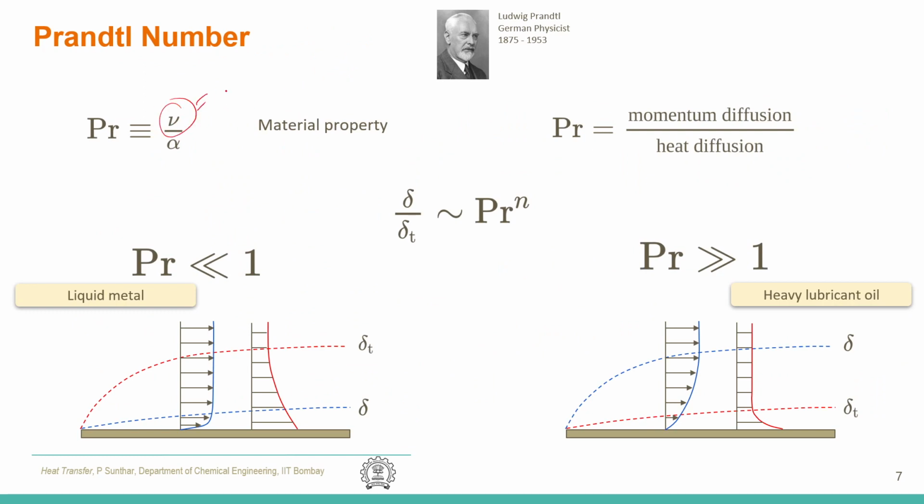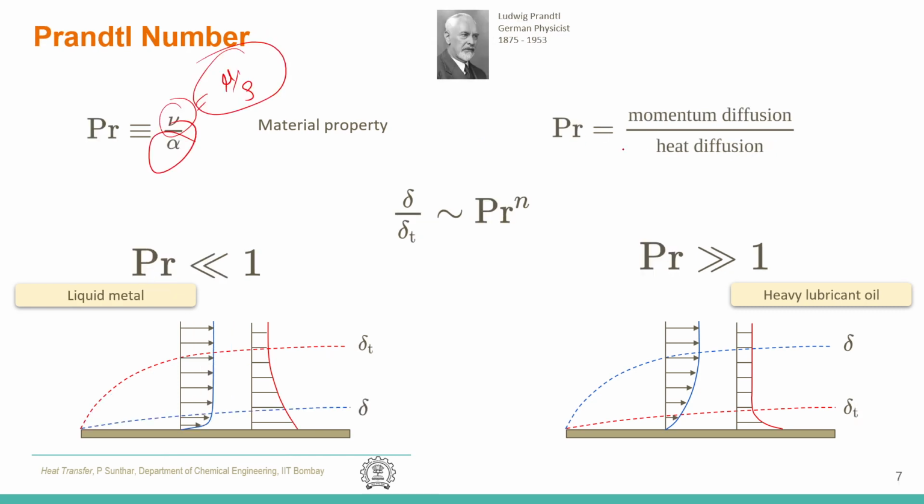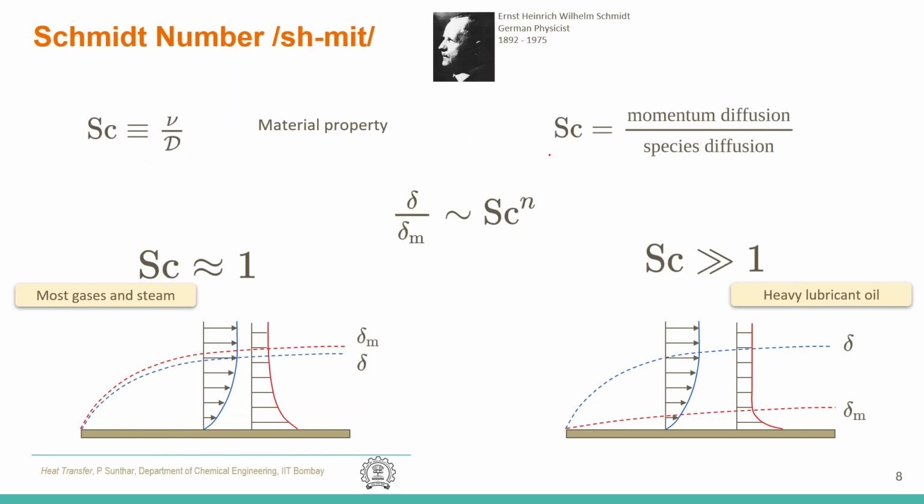Kinematic viscosity is nothing but mu upon rho, mu upon density, and this is thermal diffusivity. Since this is kinematic viscosity, we can also remember it as a ratio of momentum diffusion upon heat diffusion. Then we have the Schmidt number, which is again the ratio of momentum diffusion upon species diffusion. Both the Prandtl number and Schmidt number are equivalent, but the Prandtl number is relevant when we are talking of heat transfer, whereas the same thing for mass transfer becomes the Schmidt number.